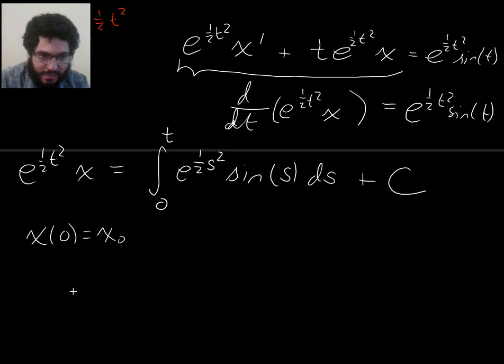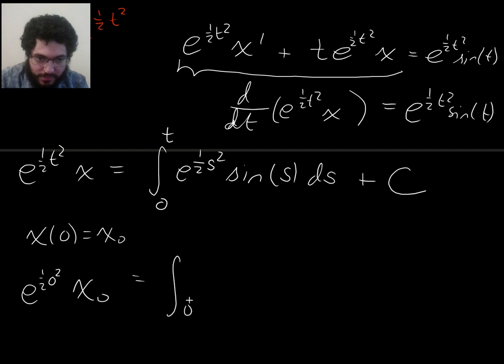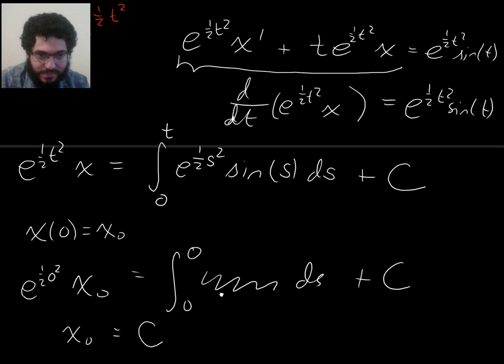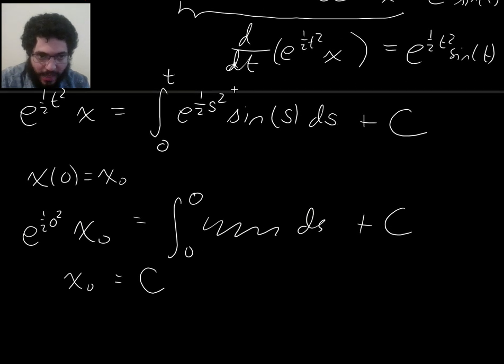And then I replace the x by x naught, and I replace the t by 0. This is e to the 1/2 0 squared. Here, I get an integral 0 to 0 of a bunch of stuff, ds plus c. So I've got x naught equals 0 plus c. So in this particular example, it worked out that c is just x naught.